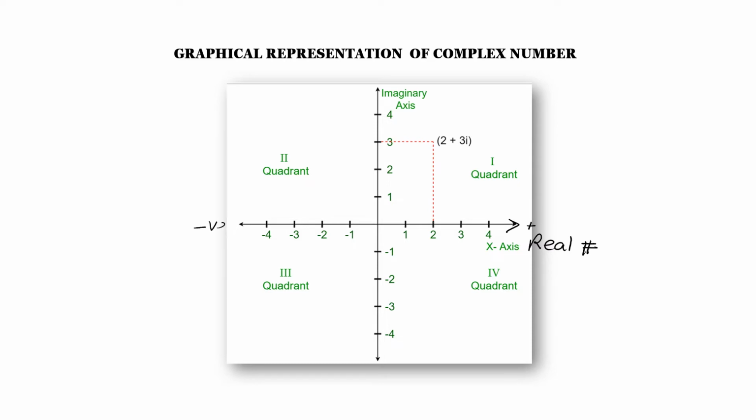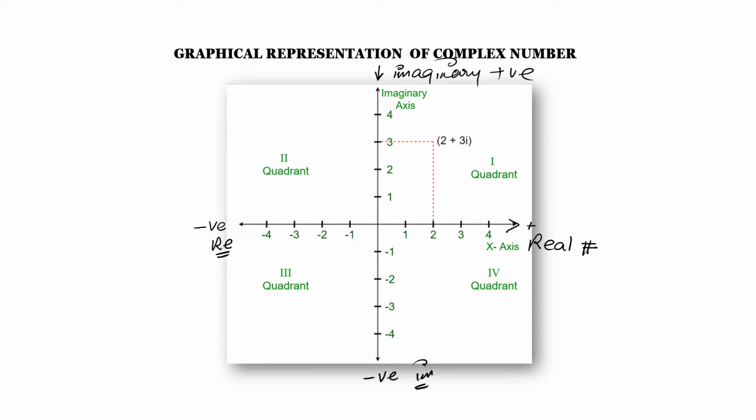On the negative side, it is the negative real numbers. Whereas the y-axis represents the imaginary numbers. On the top, they are the positive imaginary numbers, whereas at the bottom, they are the negative imaginary numbers.